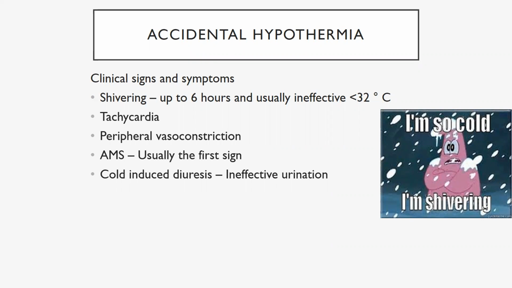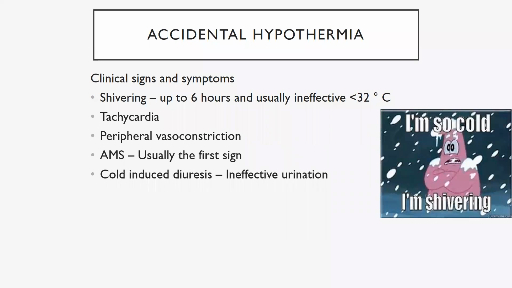When the ambient temperatures are pretty low, you have peripheral vasoconstriction, so all the blood gets diverted to the core, to the internal organs. What that means is there's increased blood return to the heart as well. To prevent fluid overload, your kidneys start dumping a lot of free water. It's not effective diuresis; it's just losing free water to keep up with that fluid overload. So that's called diuresis.